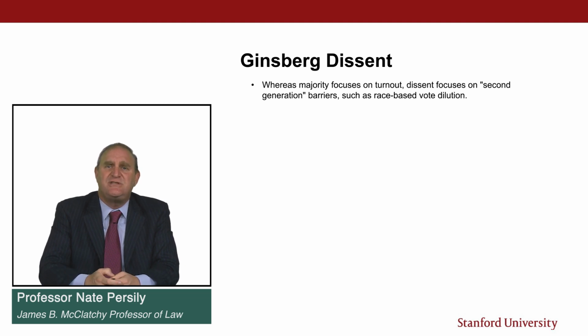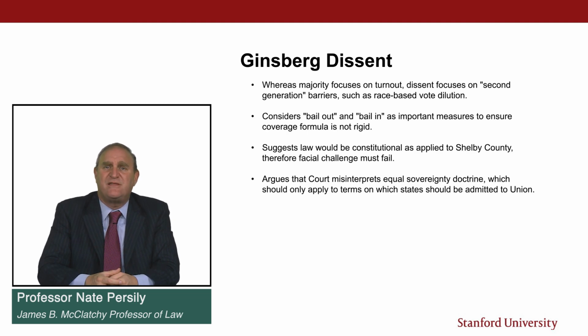And she feels that the availability of bail-out and bail-in with respect to the Voting Rights Act makes it a more targeted preclearance or coverage formula, so that jurisdictions can get out from under the strictures of the Voting Rights Act, and some could be bailed in depending on whether they continue to discriminate with respect to the right to vote.